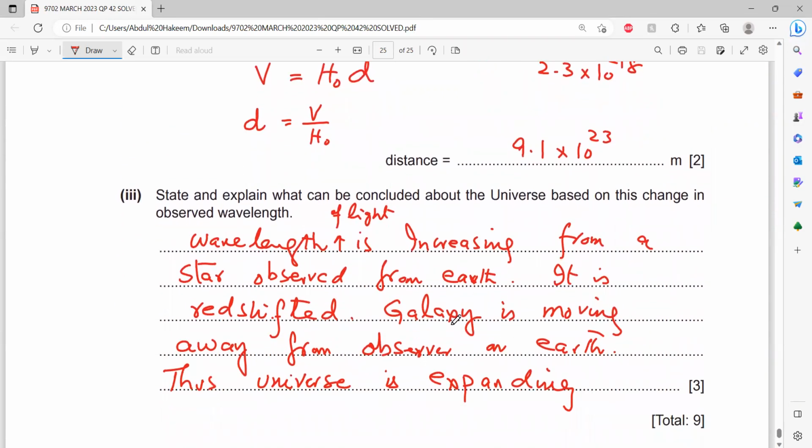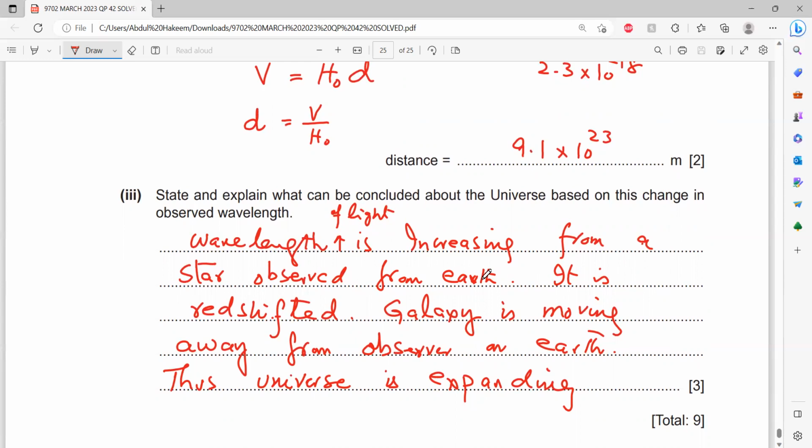Next, state and explain what can be concluded about the universe based on the change in observed wavelength. The wavelength of light coming from the distant object is increasing. So the wavelength of the light from the star, observed from the Earth, is increasing.